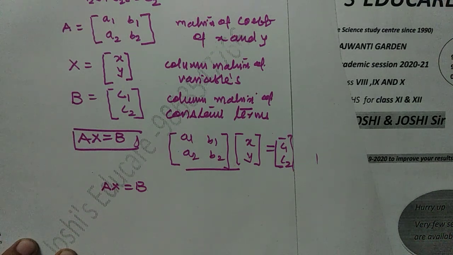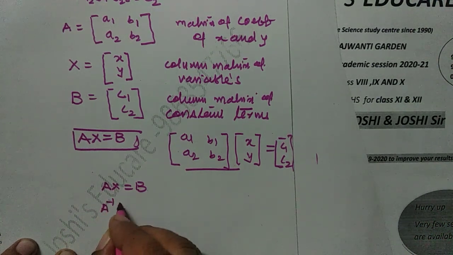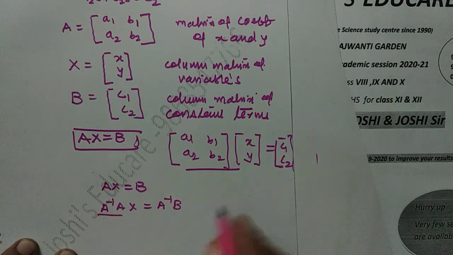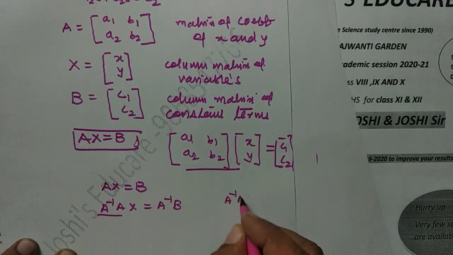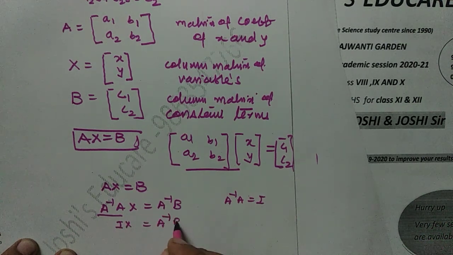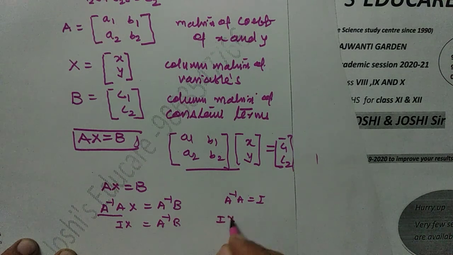So we multiply by A inverse both sides. We'll have A inverse into A, X is equal to A inverse into B. We know that A inverse into A is the identity matrix, so identity matrix into X is equal to A inverse into B. Identity matrix into any matrix is equal to that matrix only. So X is equal to A inverse into B.